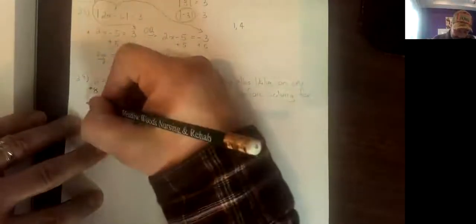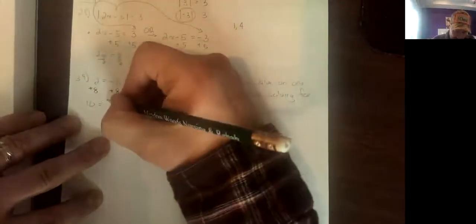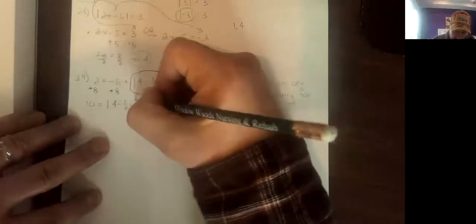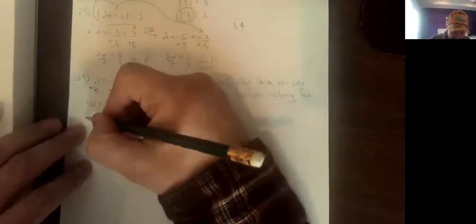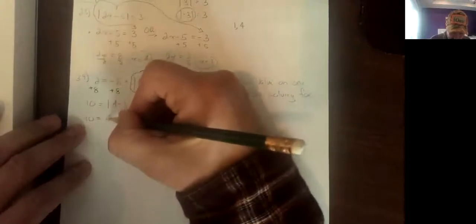Okay, so I add my 8. I have 10 equals the absolute value of 4 minus 1/2 y. Now I can take my absolute value symbol away, but not before now. So I have 10 equals 4 minus 1/2 y.